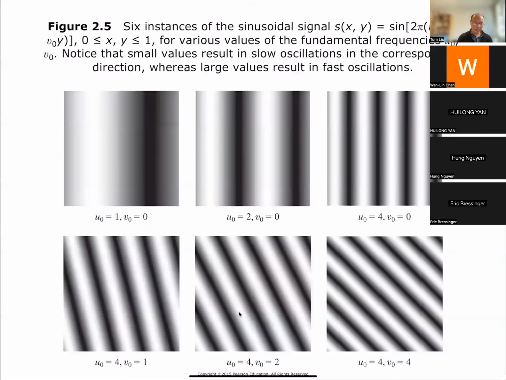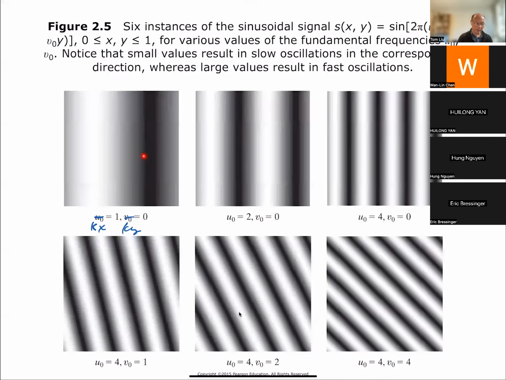Once again, here from the book, figure 2.5, are some examples. Remember, this is going to be kx, ky. Let's look through this. This is saying kx equals 1, ky equals 0. That makes sense: there's only variation in the x direction, no variation in the y direction, so this only depends on x.